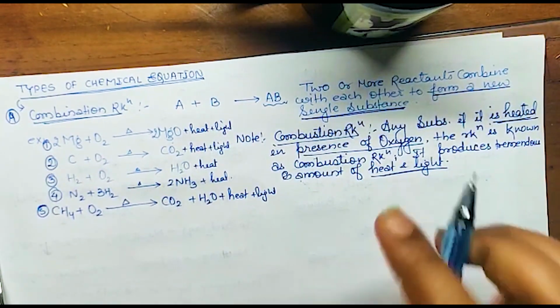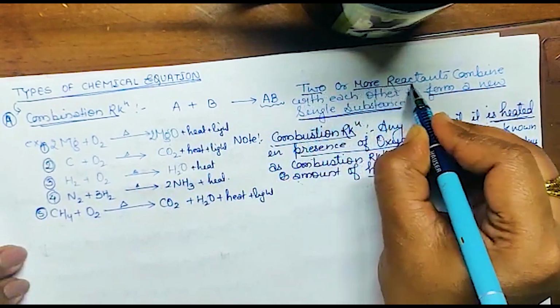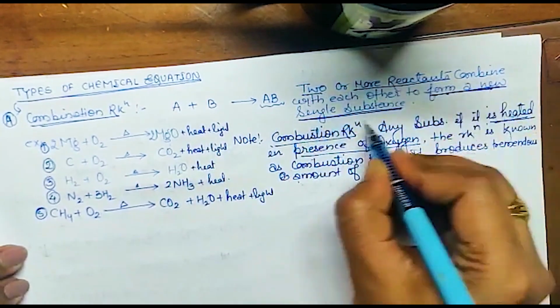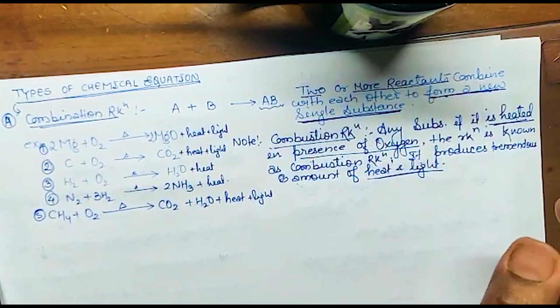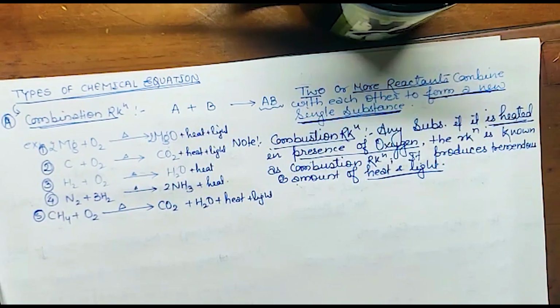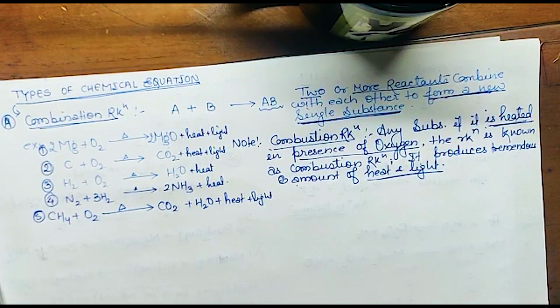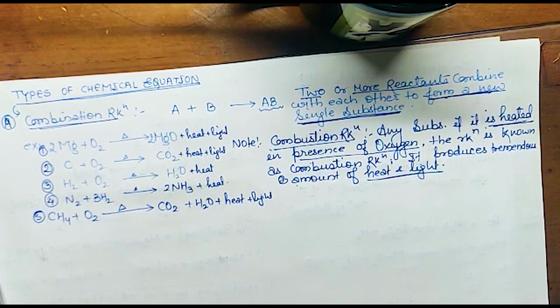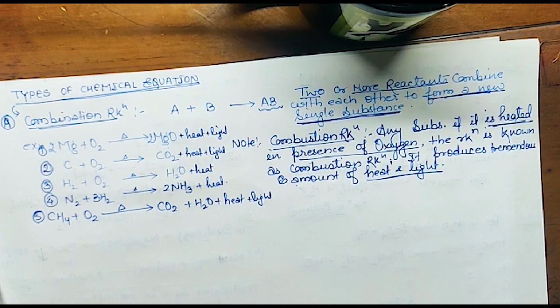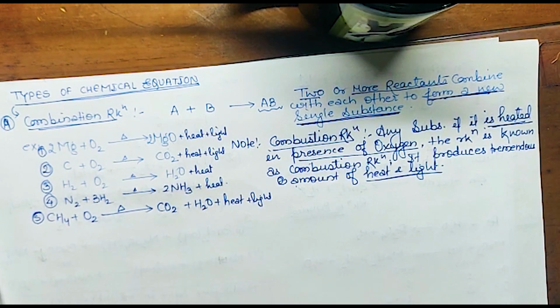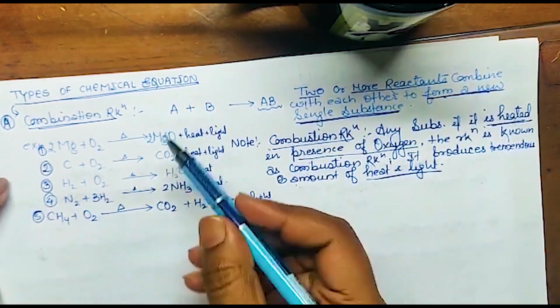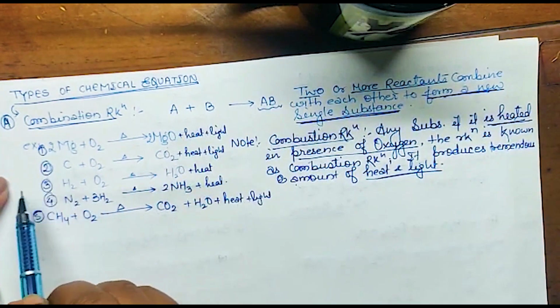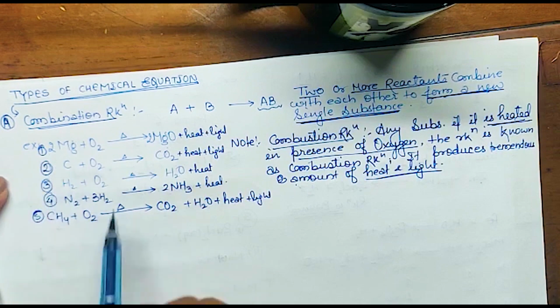Combination says that only two or more reactants combine and form a new substance. That's it. It doesn't mean it is burning with oxygen or producing heat and light or not. It simply says if two elements or two compounds combine and form a new compound, it will be considered a combination reaction.